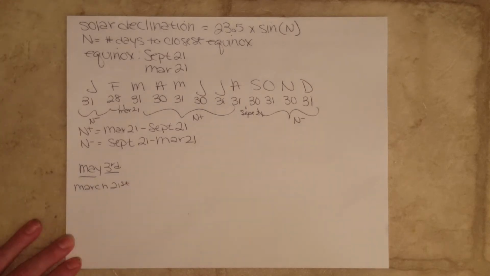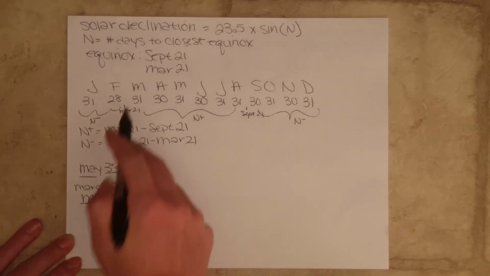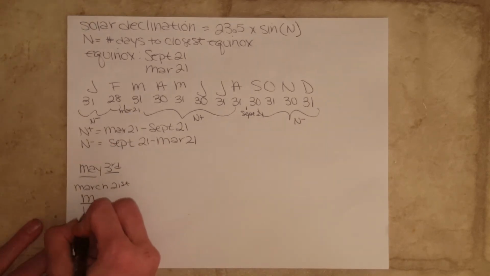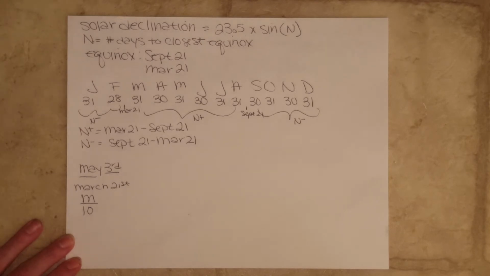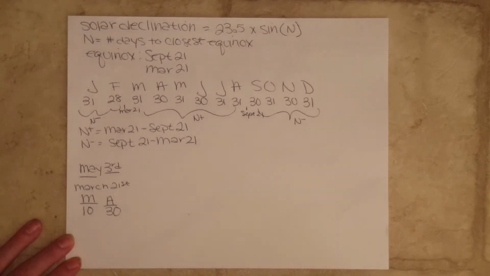Okay. So what I like to do here is think of myself being on a giant calendar and walking through those squares. If you think of those big desktop calendars where they have the squares written down. So we're going to start on March 21st. To walk from March 21st to March 31st, which is the end of the month, we would go 10 steps. To go through all of April, to get to May, we would go 30 steps because there's 30 days in April.